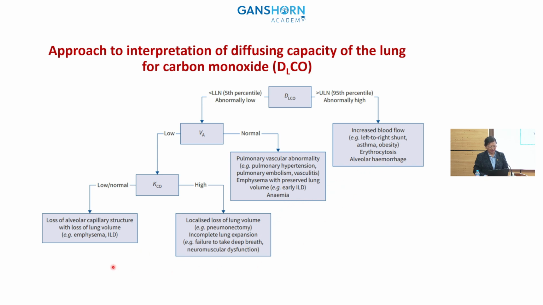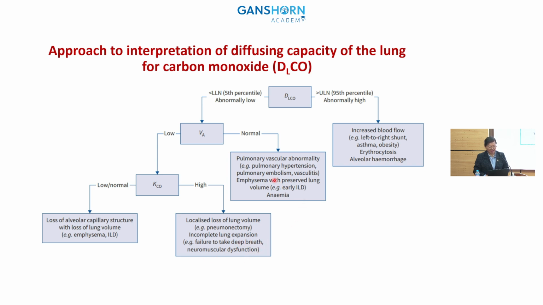Loss of alveolar capillary structure with loss of lung volume: we can see emphysema of COPD or ILD, interstitial lung disease, or we have a localized loss of lung volume, for example, pneumonectomy, or incomplete lung expansion, a failure to take a deep breath from the patient, or neuromuscular dysfunction.